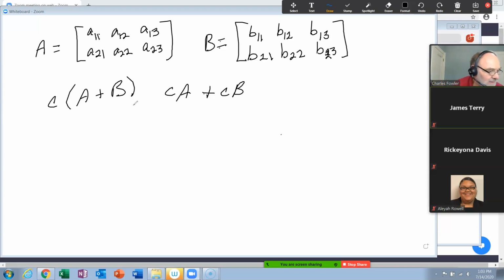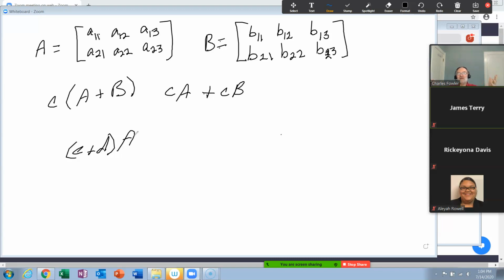Perfect. Number 8, if you had two numbers, C plus D, and you multiply those by either one of those matrices, let's just say matrix A, that would be (C plus D) A11, (C plus D) A12, (C plus D) A13, second row, (C plus D) times A21, (C plus D) times A22, (C plus D) times A23. Well, guess what?